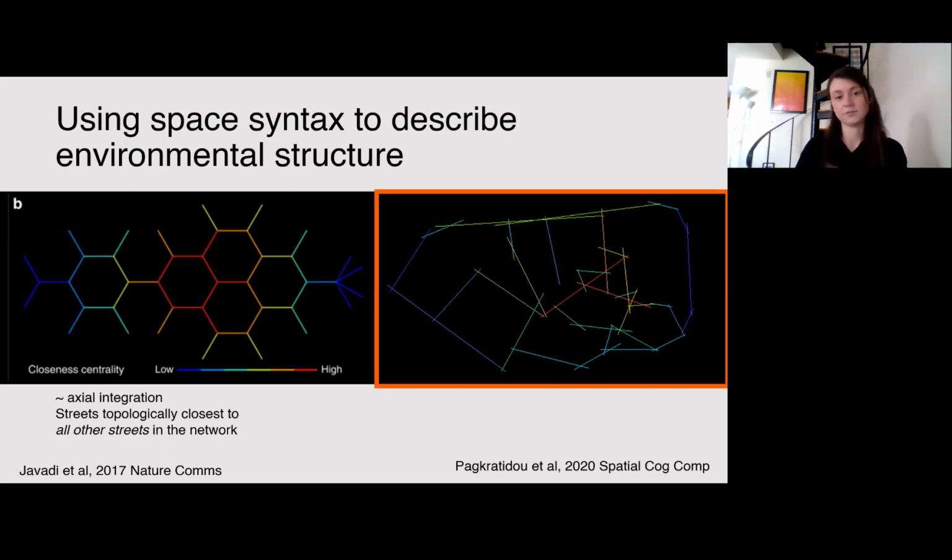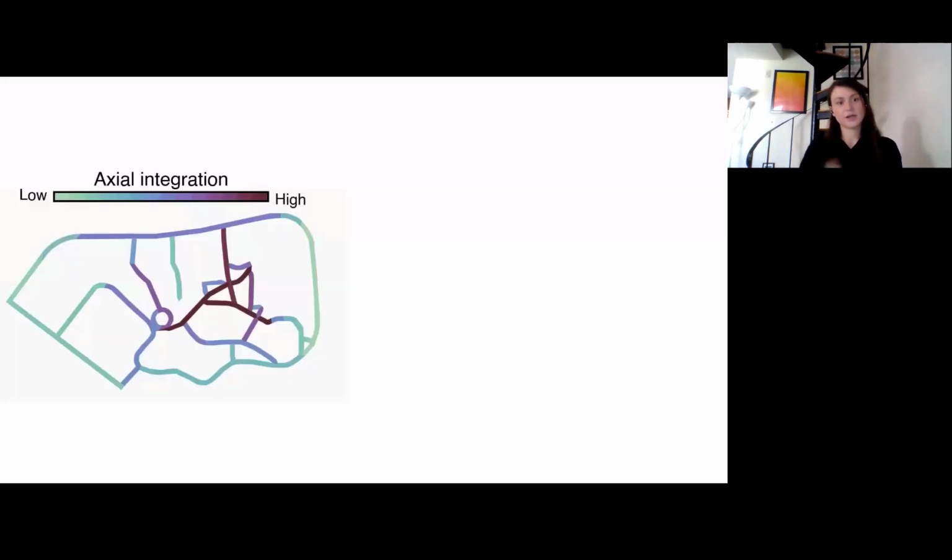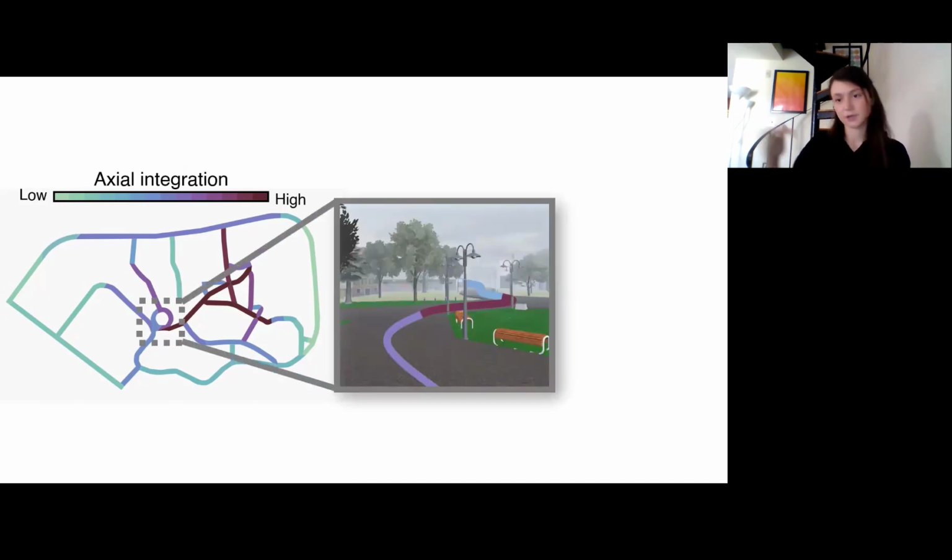But so how do we then relate moment-to-moment navigation to this graph structure that we can extract using space syntax? So we can take the map of Silcton with now just a different color scheme, but it's the same representation going from low to high. And if we take a snippet of just one participant's navigation trajectory as an example, what we can do is take every time point in their trajectory, get the coordinate in space where they were at each of those time points, and then extract the corresponding axial integration value for each time point.